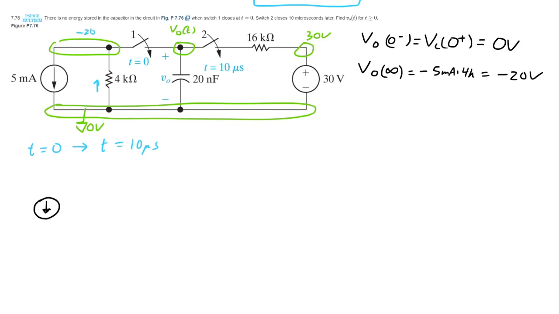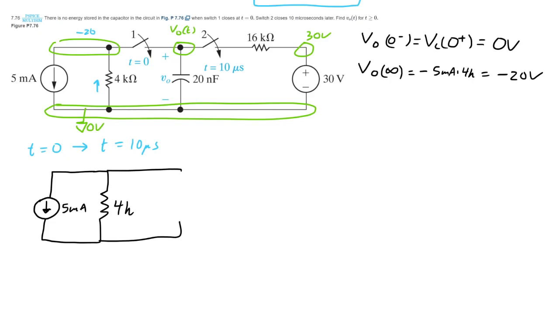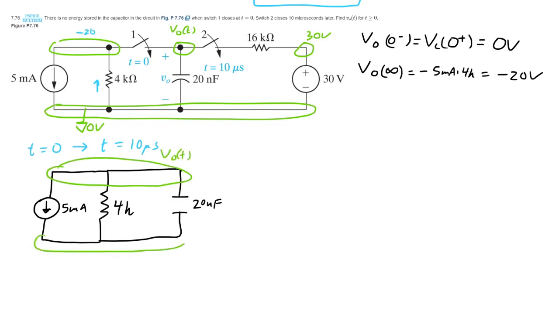We're going to have a current source, 5 milliamps, a 4 kilo ohm resistor, and our capacitor, 20 nanofarad. This is going to become VOT, because we're keeping the same ground reference.